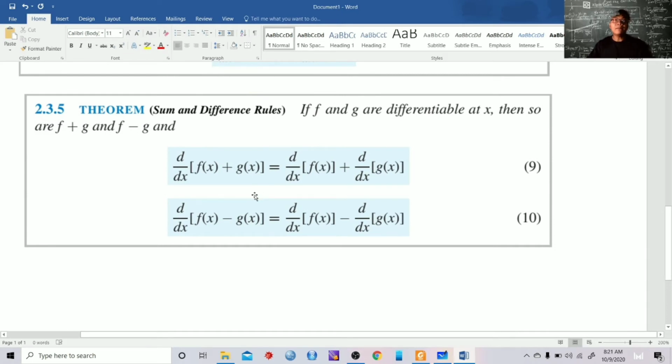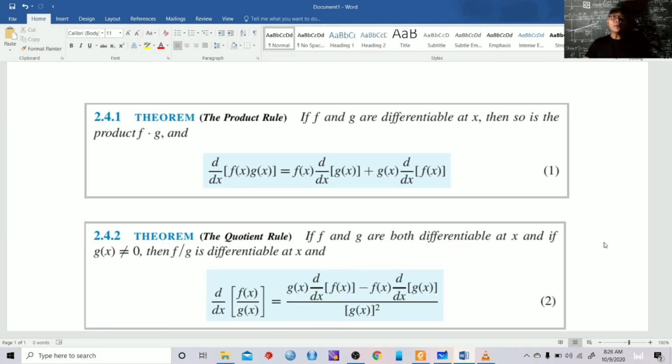Then for the sum and difference rules, if f and g are differentiable at x, then so are f plus g and f minus g. The derivative of f plus g is equal to the derivative of f plus the derivative of g, and the derivative of f minus g is equal to the derivative of f minus the derivative of g.